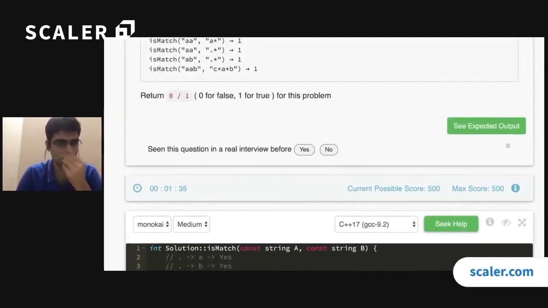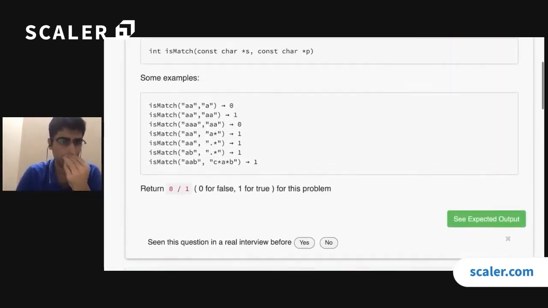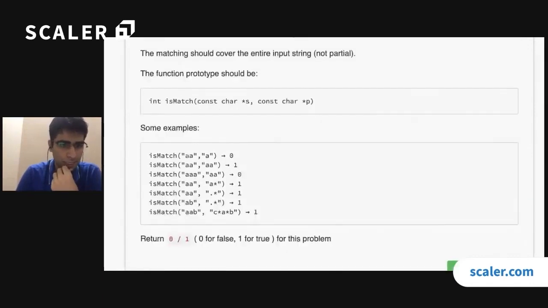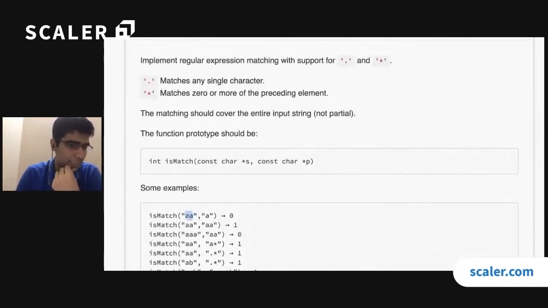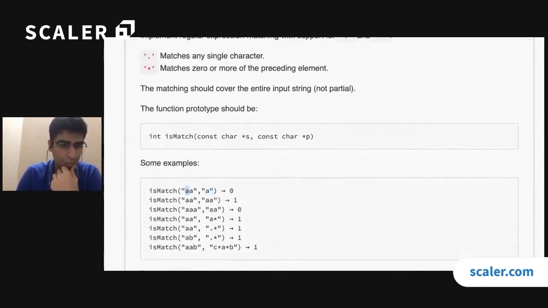So asterisk means zero or more occurrences of the previous character in my regular expression pattern. For example, does the string a match the pattern aa? No, because though the first a is equal to a, there should also be a second a, but it's not present in the string.